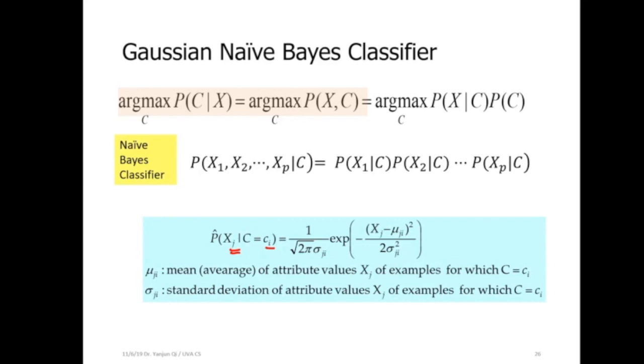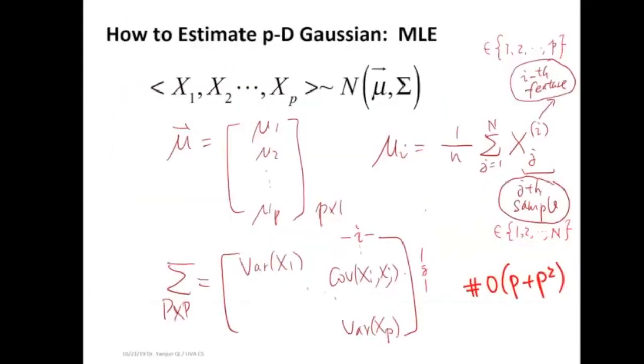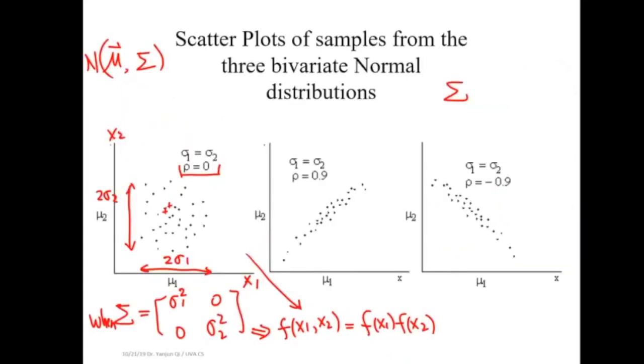Maybe there's a little bit I left out. For the naive case, if I want to estimate this from data, how many parameters do I need?